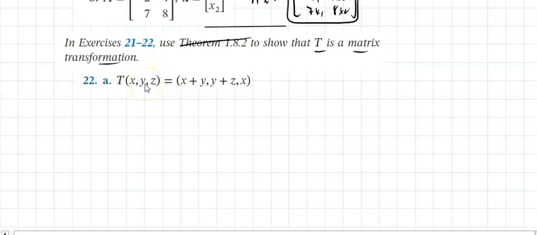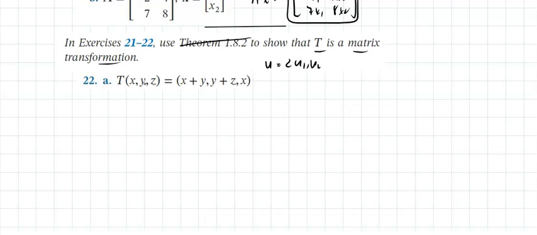So if I take two vectors, let's say we take u and v. If I take, in this case, T of u plus v, that would be what? Well, let's see how that works.